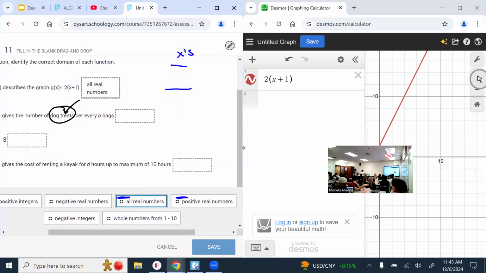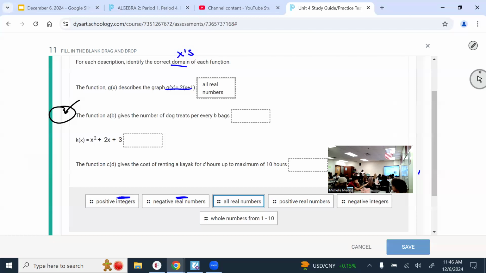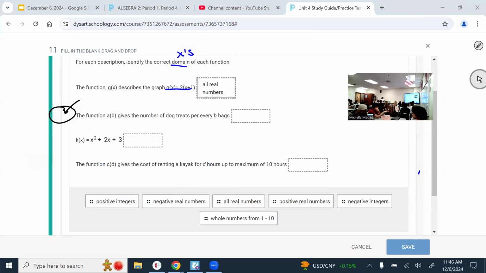So here's my options. Let me full screen. So when I'm talking about number of dog treat bags, could I have any negative amounts? So then I'm going to cross out everything that says negative. I'm also going to cross out all real numbers because that would include negatives. So now I'm just down to these 3.